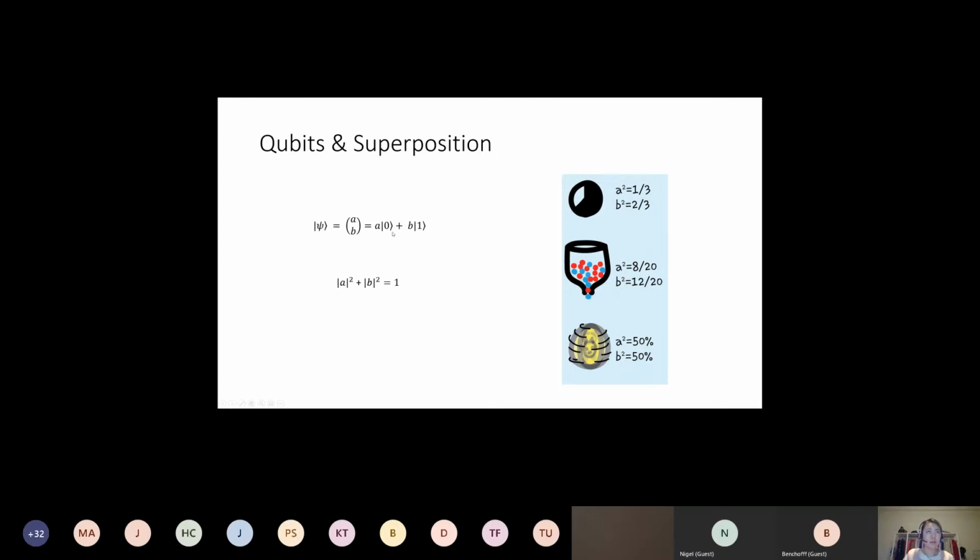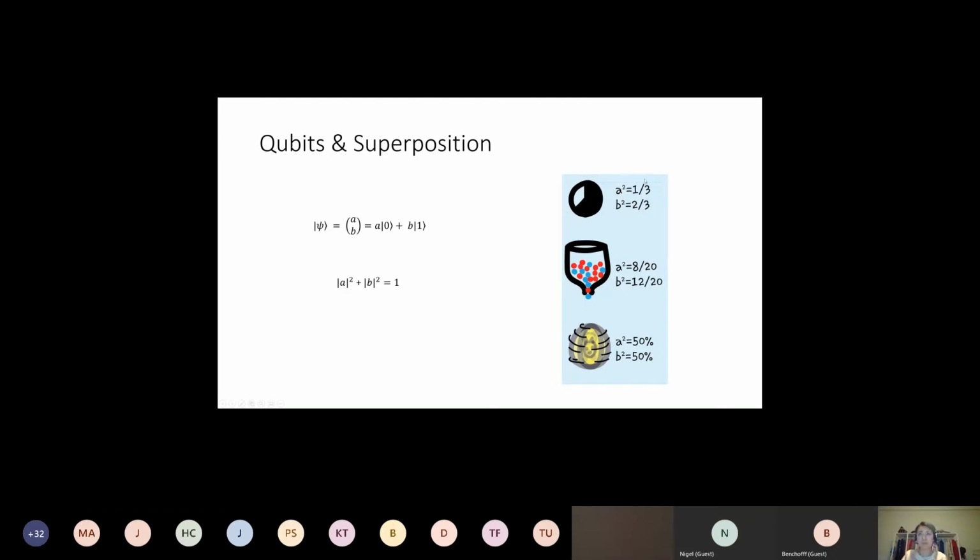Each of them has an amplitude associated with it, telling you how much of the 0 and 1 are in the system. You will have this normalization condition where, no matter how many states you have in your system, their amplitudes squared need to add up to 1.